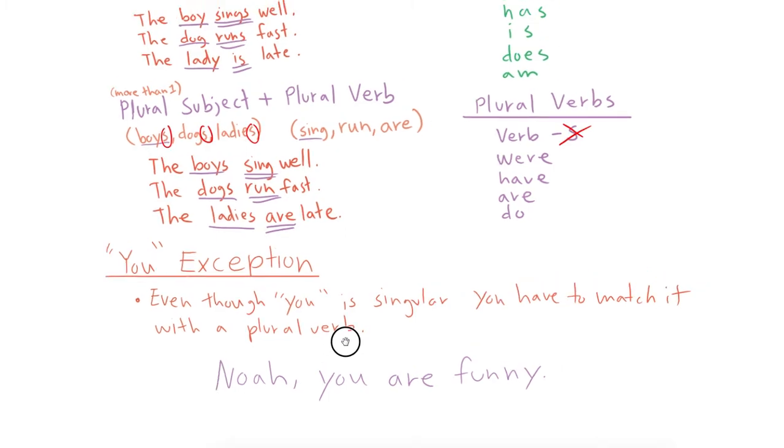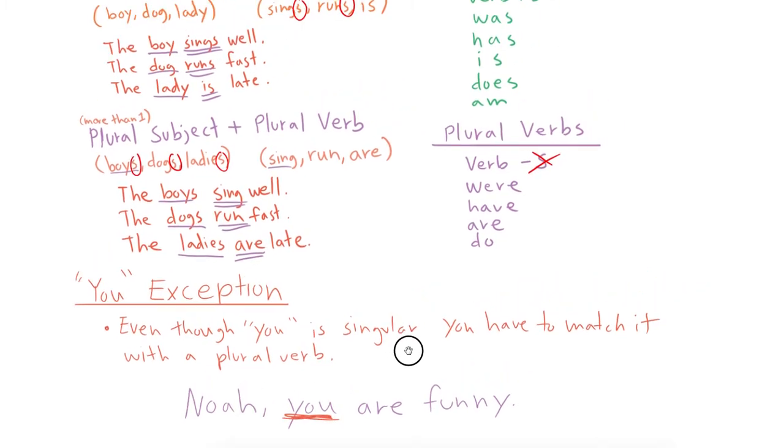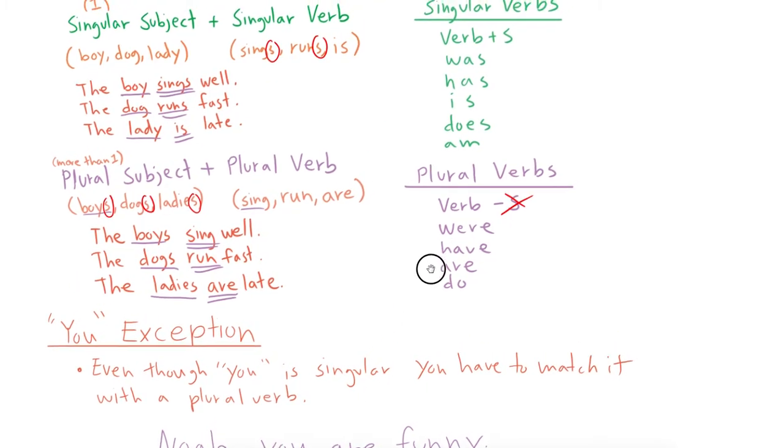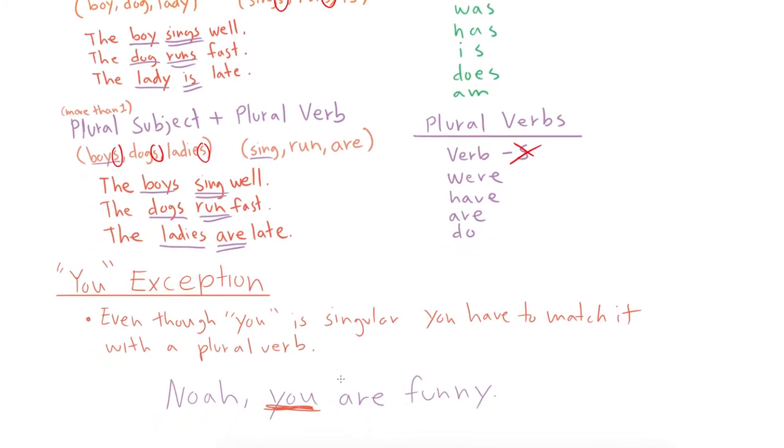So even though Noah, you is singular, am I using a singular verb? Is? No, right? Instead of is, I'm using a plural verb, are, here. So even though you is singular, we have to use a plural are.